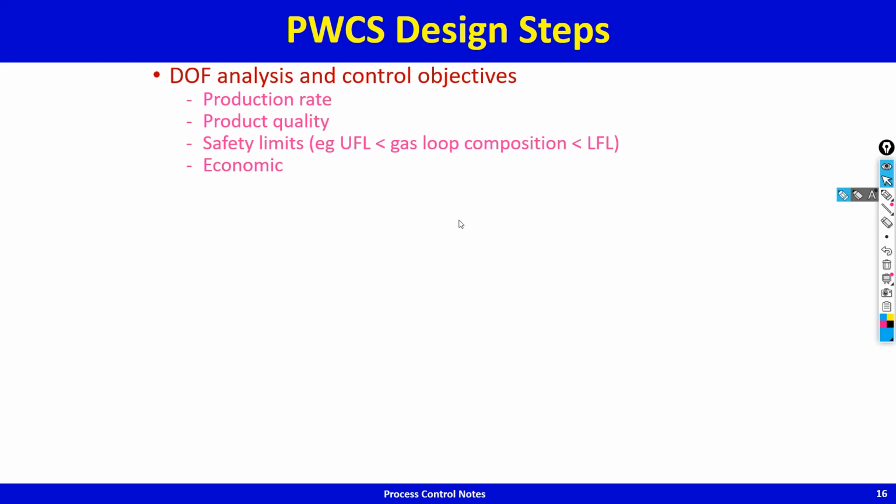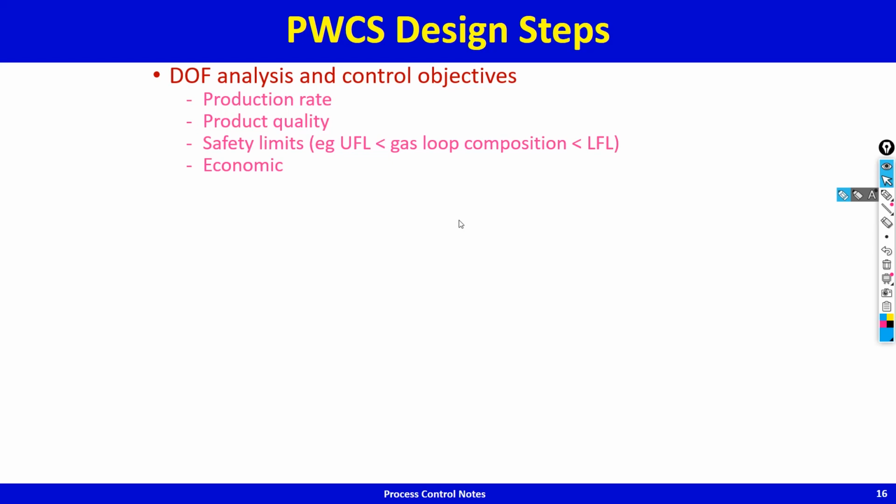So you also have these economic considerations that translate into what to control, so that these unconstrained degrees of freedom that are not at their maximum or minimum limits are managed in a near optimal manner. That is all part of degrees of freedom analysis and control objectives.